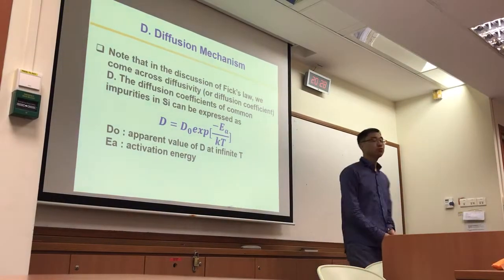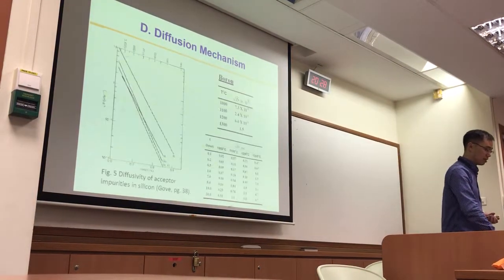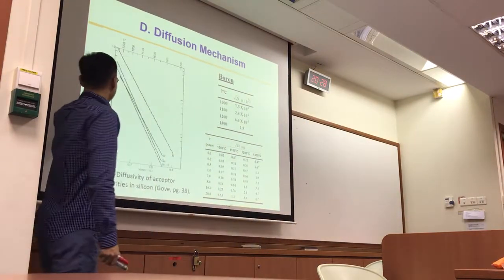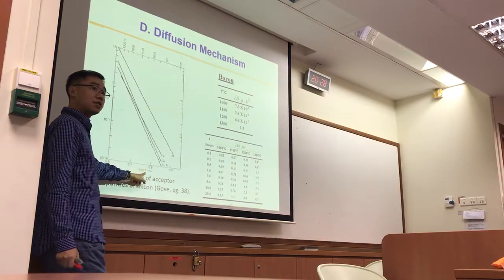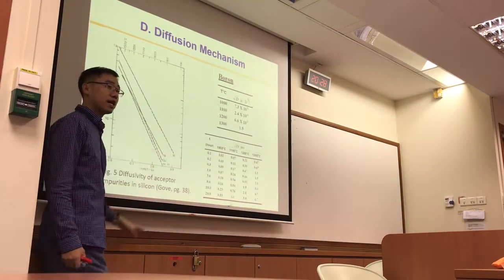I plot the curve of the log of the diffusivity as a function of 1 over T. This is 1 over T, not T. With 1 over T, you have a straight line.